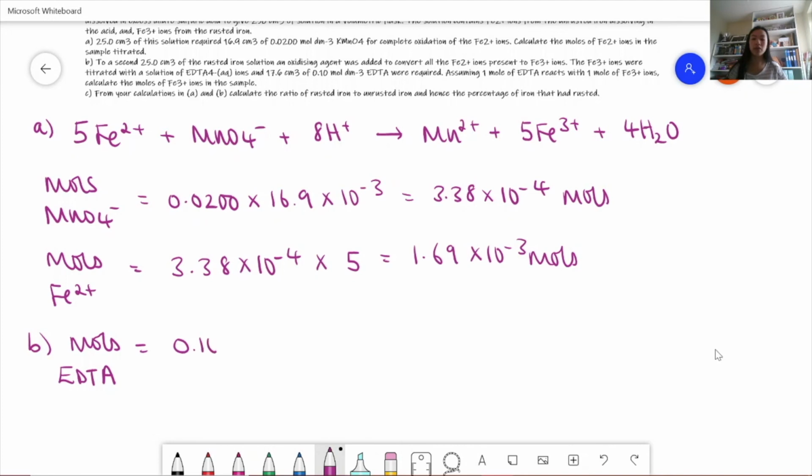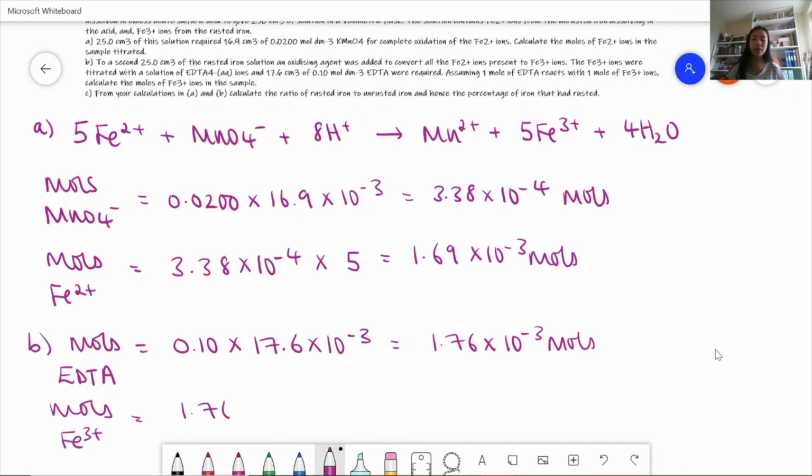So we have 0.10 multiplied by 17.6 times 10 to the minus 3. And this gives us 1.76 times 10 to the minus 3 moles. And now we can work out the moles of Fe3+, because it's a 1-to-1 ratio, so it's just the same. So 1.76 times 10 to the minus 3 moles.